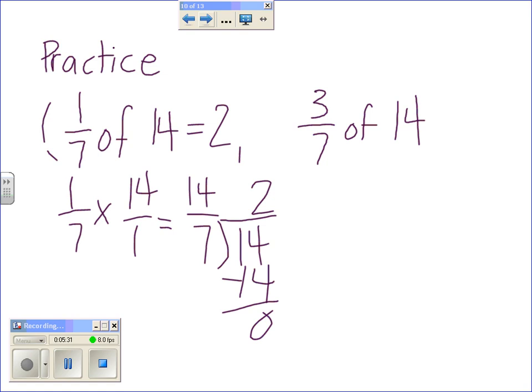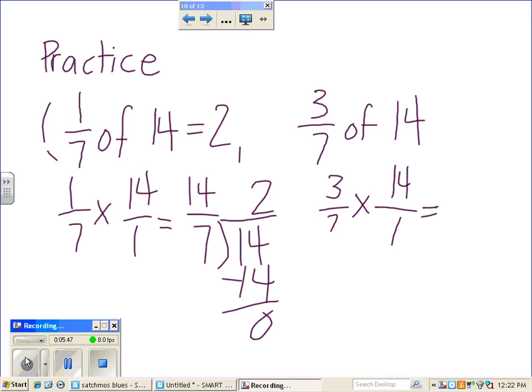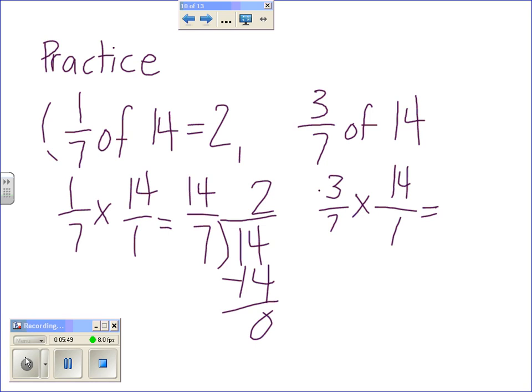Now, 3/7 of 14. We're going to follow the same procedure. 3/7, we're going to replace of with multiplication, and 14, rename it as over 1. 3 times 14.